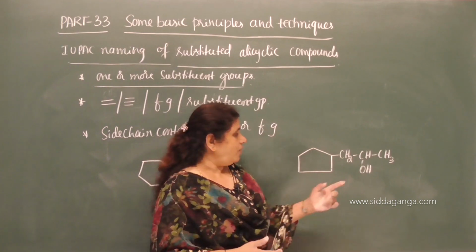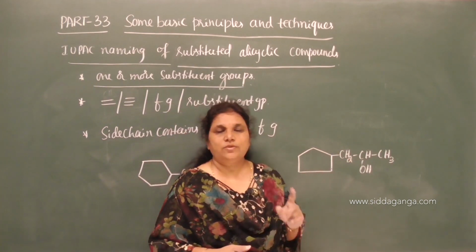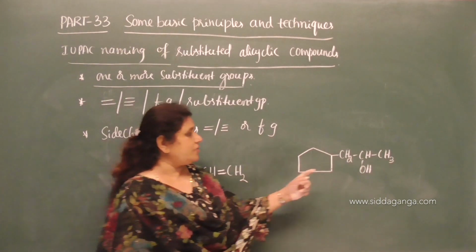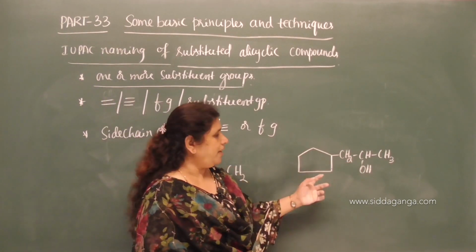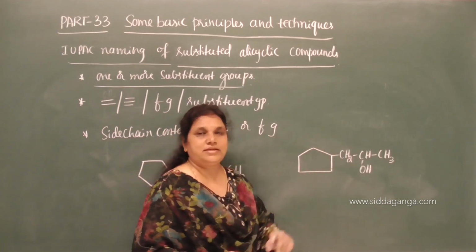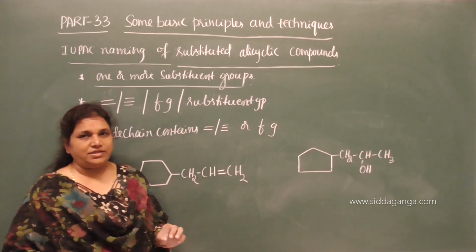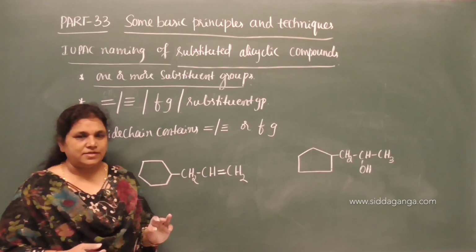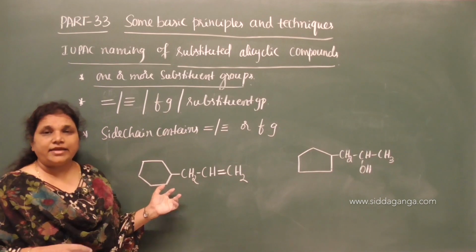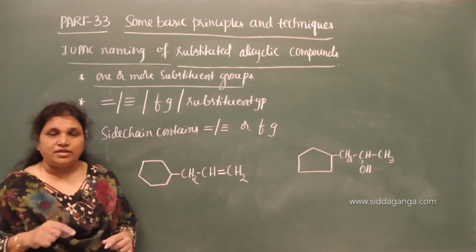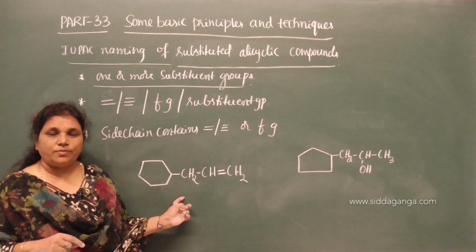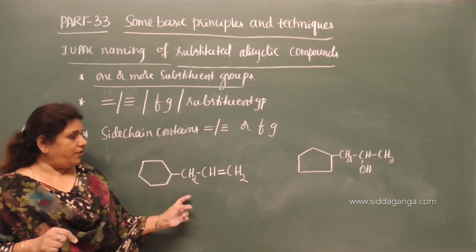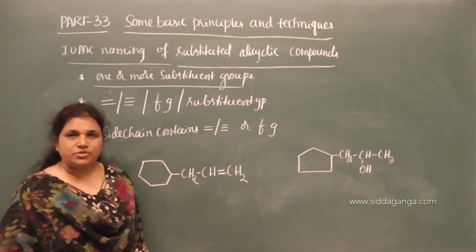Now this compound is also named as an alicyclic ring substituted compound, so this group is considered as a substituent group. But look here, the side chain contains only 3 carbon atoms, while the alicyclic ring contains 6 carbon atoms, but still it acts as a substituent group. Irrespective of the size of the alicyclic ring, we have to consider this as a substituent group.